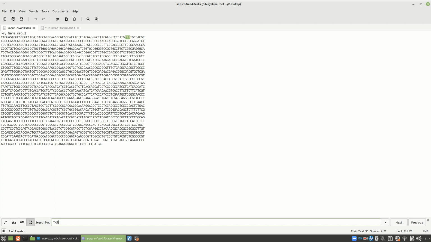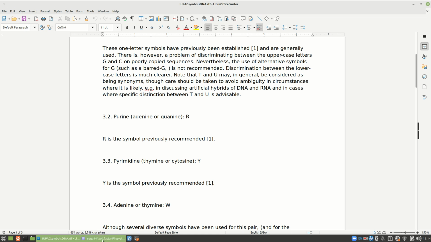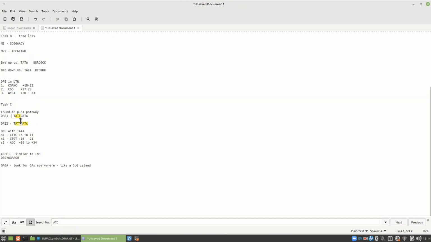So there is a TAT. Let's see if we can find a T. I'm just going to change it up a little. TATC. Nope, don't find anything. Let's try an ATC. We do find those. I'm just kind of fooling around here to see if we can find something similar to that. So I found an ATC.